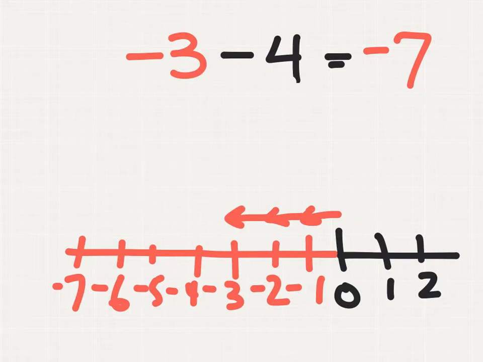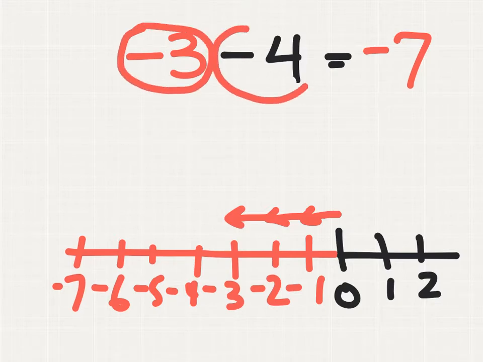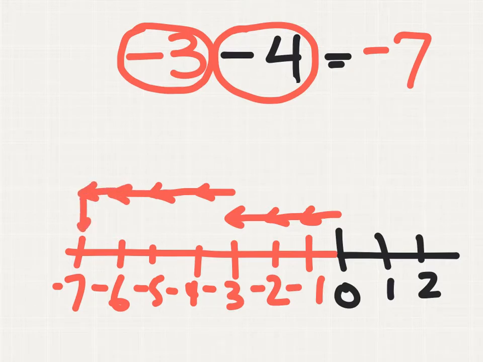This might be easier to see if instead of reading this as -3 minus 4, what if I read it as -3 and -4? -3 take away 4 more, or -3 and -4 means I go left 4 more steps and I land at -7.